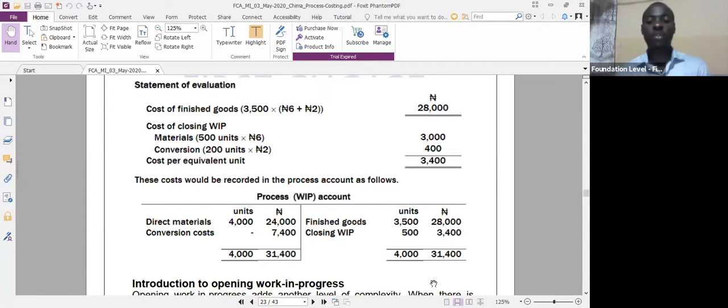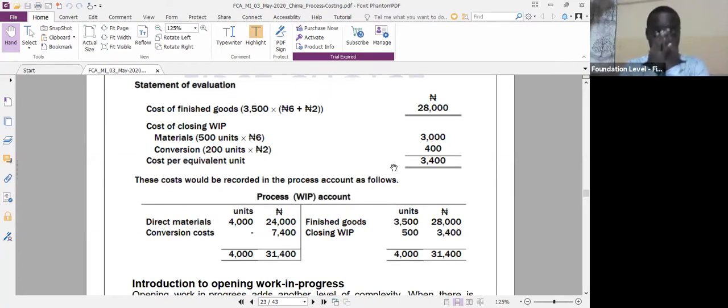The finished goods takes up 3,500, costing you 28,000 here. Then the closing work in progress, which is the remaining 500, is costing us 3,400. How did we do it? This is how we did it in the statement of evaluation. Material 6 naira times 500, conversion 200 units equivalent multiplied by 2 naira. So that's how we account for this.